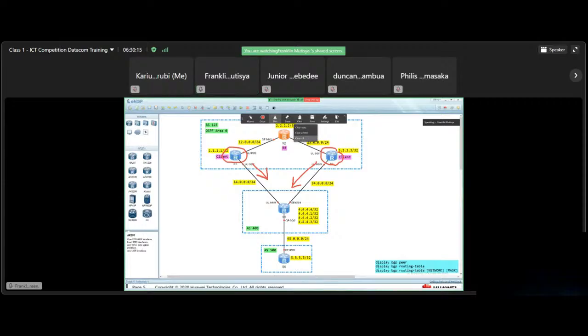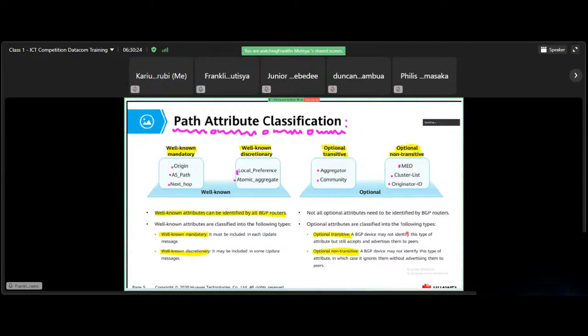This one is an optional non-transitive. So optional non-transitive means a BGP device may not identify this type of attribute, in which case it will ignore them without advertising them to neighbors.